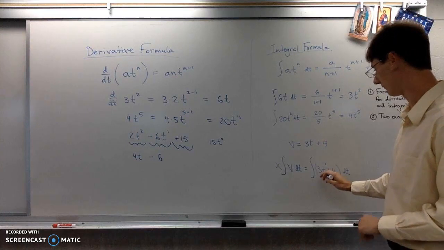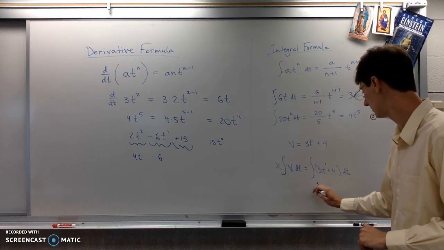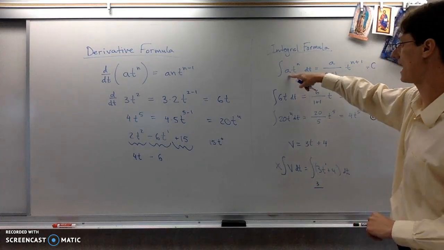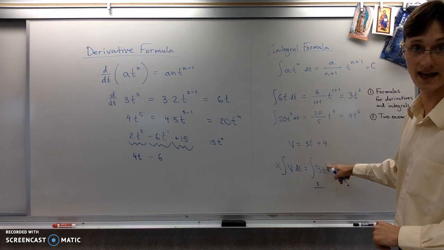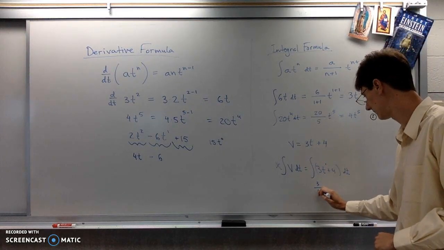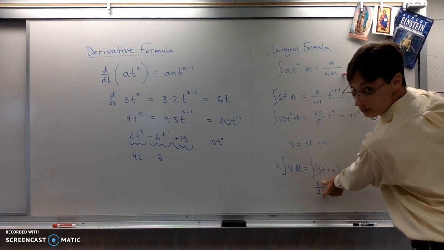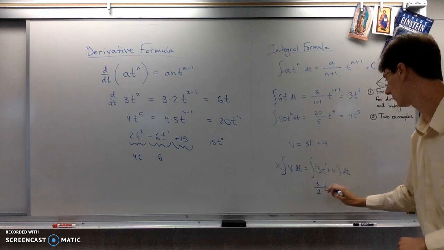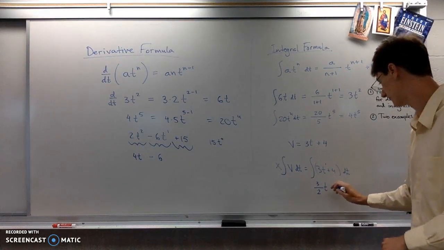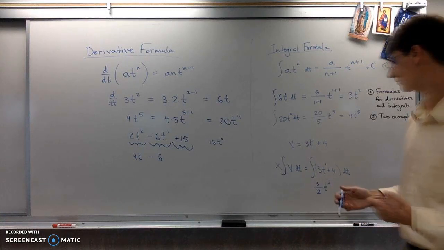So when I take the integral of this term, I'm going to have 3 is my a, 1 is my n. So there's my 3 over n plus 1 right there. And then t to the 1 plus 1 is 2. And that would be the integral of the first term.